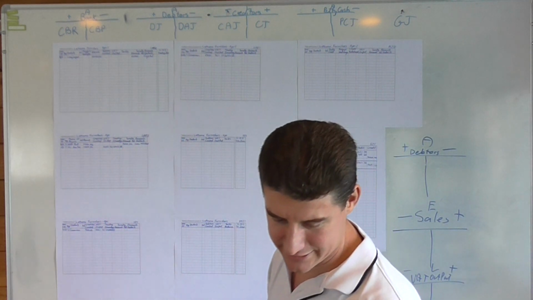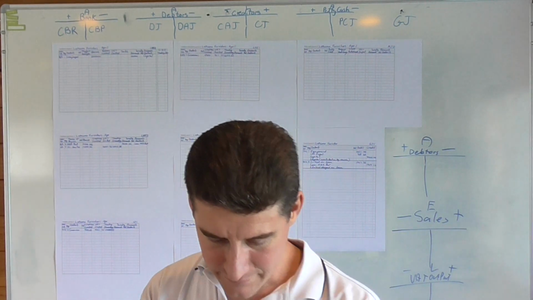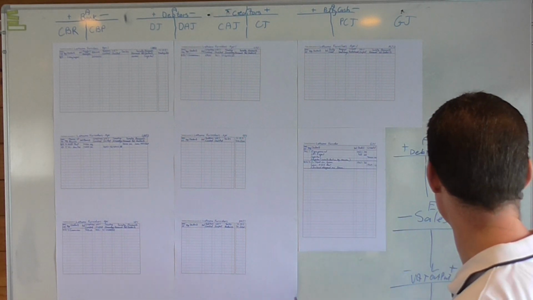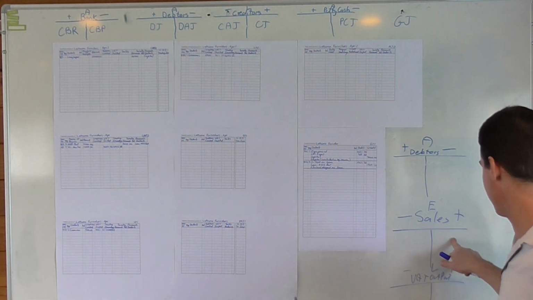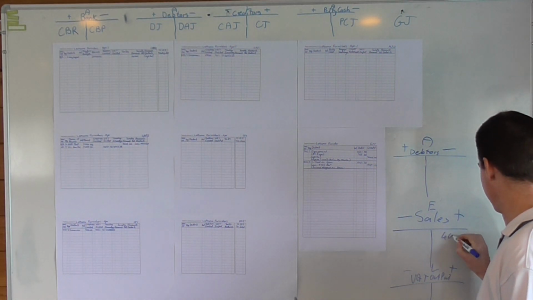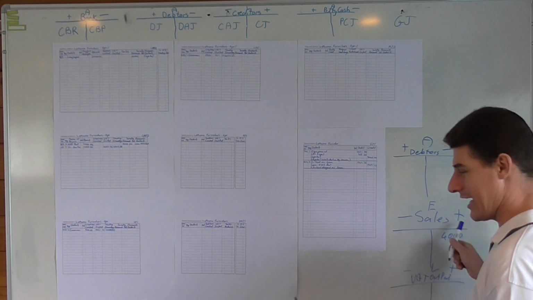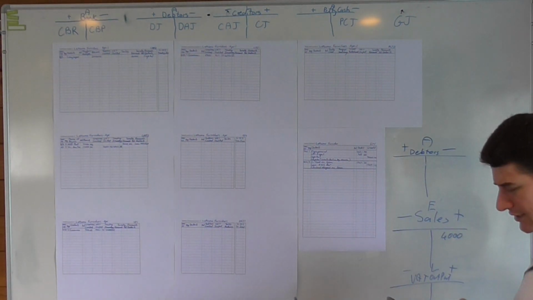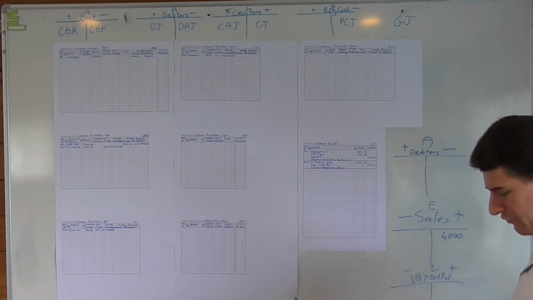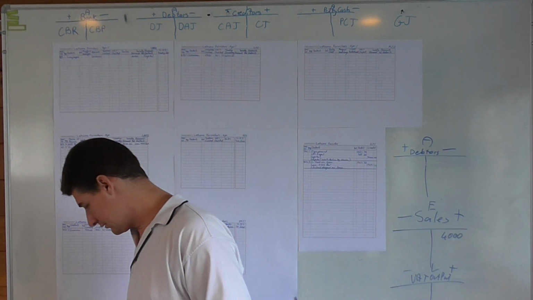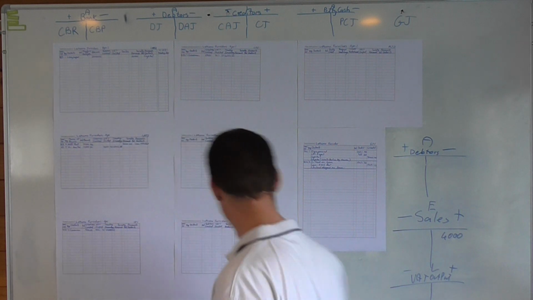So they say the VAT exclusive price was 4,000. In other words, our sales amount, our income, was 4,000, because that is your VAT exclusive side. Now to calculate the VAT, you just say 4,000 times 14%, and that gives you 560.